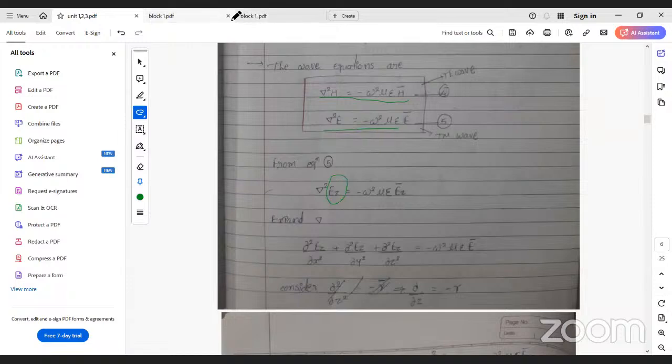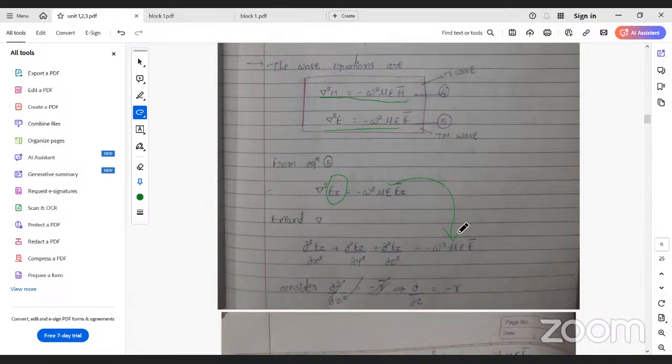So dou square Ez by dou x square plus dou square Ez by dou y square plus dou square Ez by dou z square equals the RHS as it is. Is the RHS as it is? Yes, ma'am.